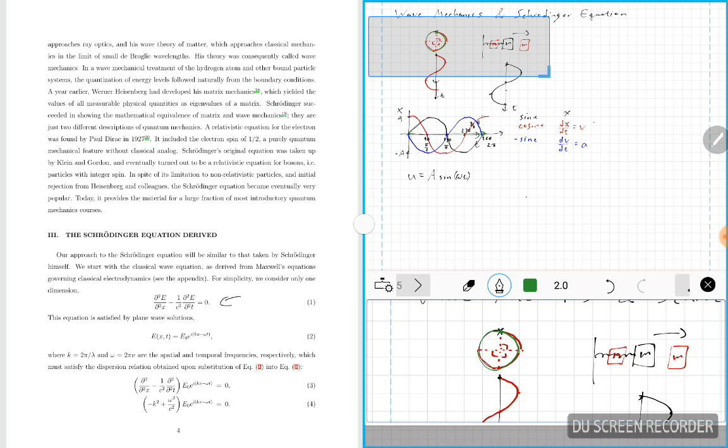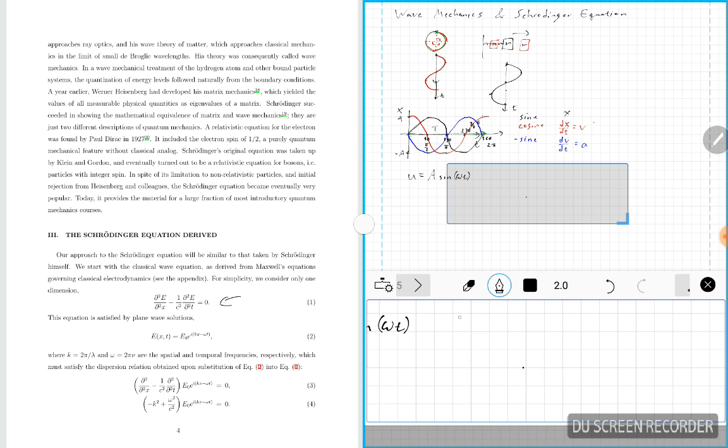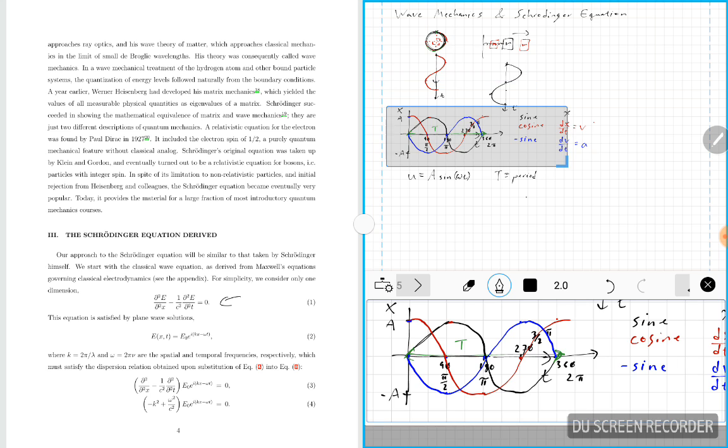That's called a period. And we can call it big T. So that's the period. So every wave is going to have some period. After 2 pi, or 360 degrees, that just repeats again. And then it repeats again, and then it repeats again. So this function is periodic.